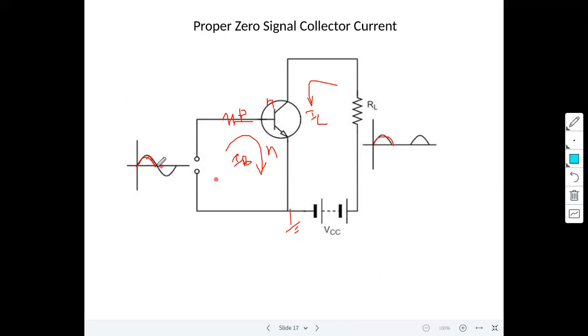Observe here the negative cycle. We have not applied any bias voltage here. For the whole negative cycle, this diode, the base to emitter junction, is in reverse bias. So IB is equal to 0, IC is also 0, output is equal to 0.